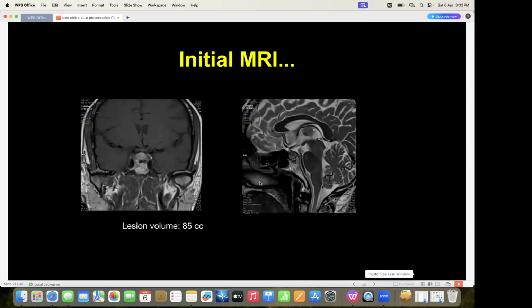Sometimes when the cyst is huge, the pituitary gland could be compressed, which we may not be able to pick up. In the initial MRI, I was thinking this might be a cleft with a normal pituitary, but we are not very sure.